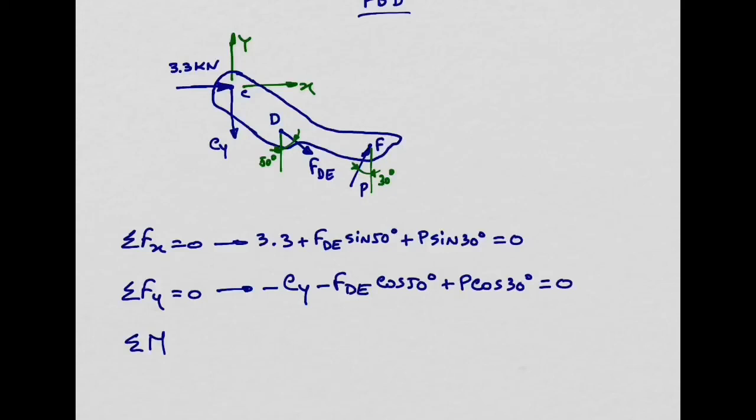So the point I decided to choose was point C. So these two forces at point C don't produce any moment. We need the moment produced by, let's start with force P.